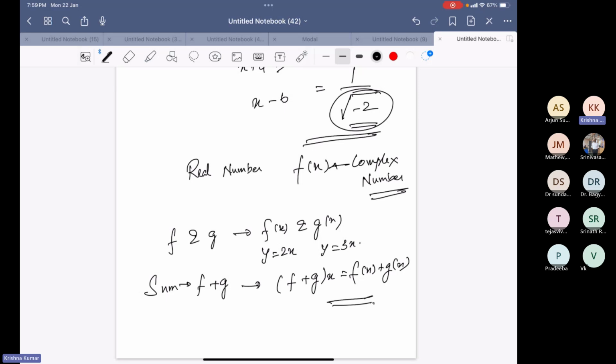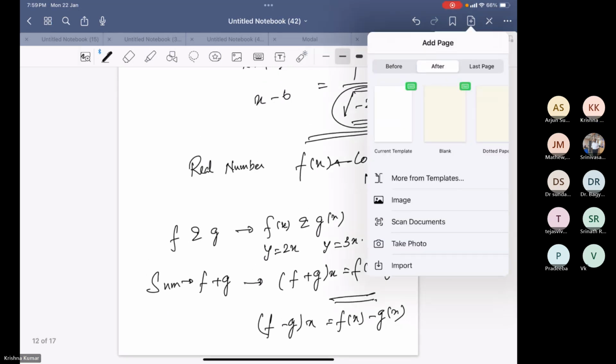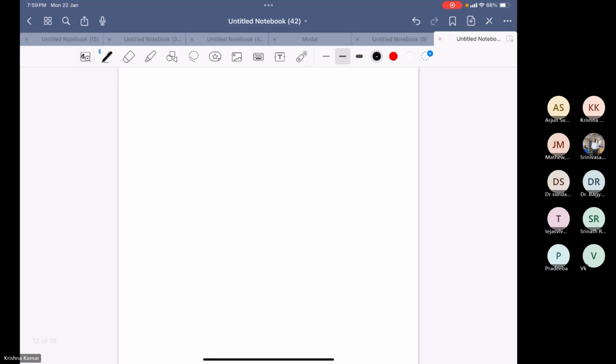Okay. Similarly, I can find the difference of these functions by saying f of x minus g of x. We also have what is called the product of the functions, f dot g, which means f of x multiplied by g of x, in which case our function now becomes 6x squared.